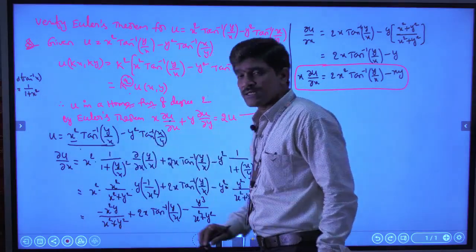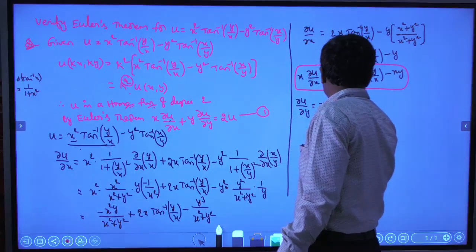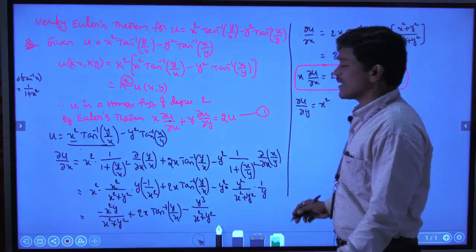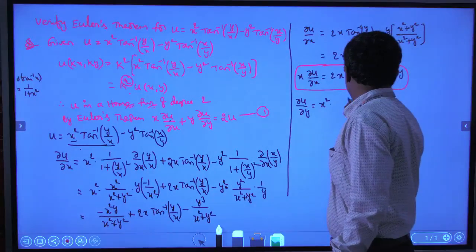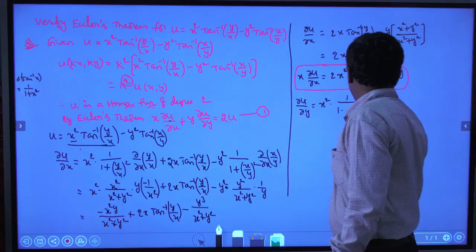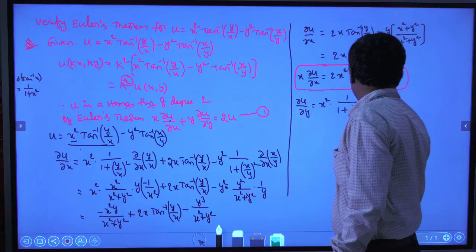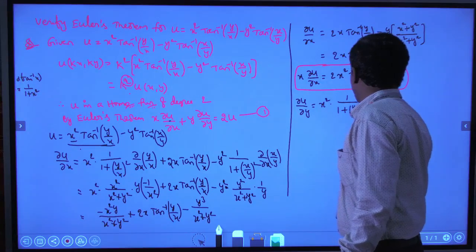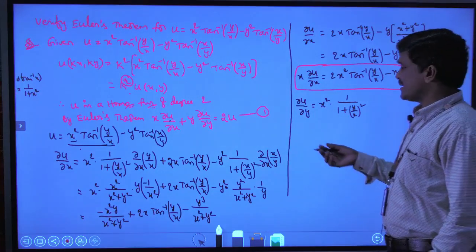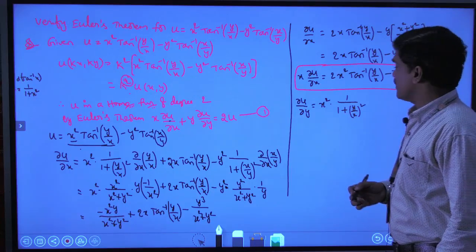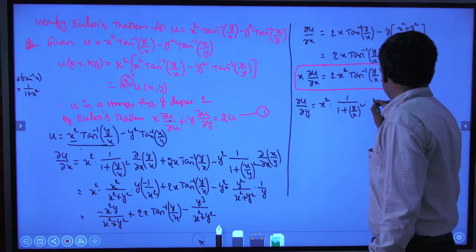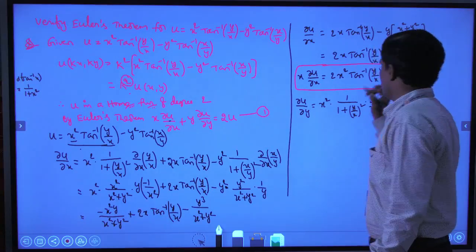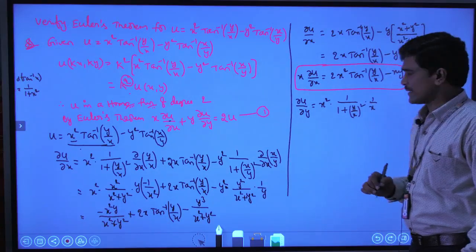So x square is the constant. Write here x square. Now tan inverse y by x with respect to y. So tan inverse x derivative is 1 by 1 plus x square. So here in place of x we have y by x, into again derivative of y by x with respect to y. So with respect to y, 1 by x is constant, y derivative is 1.